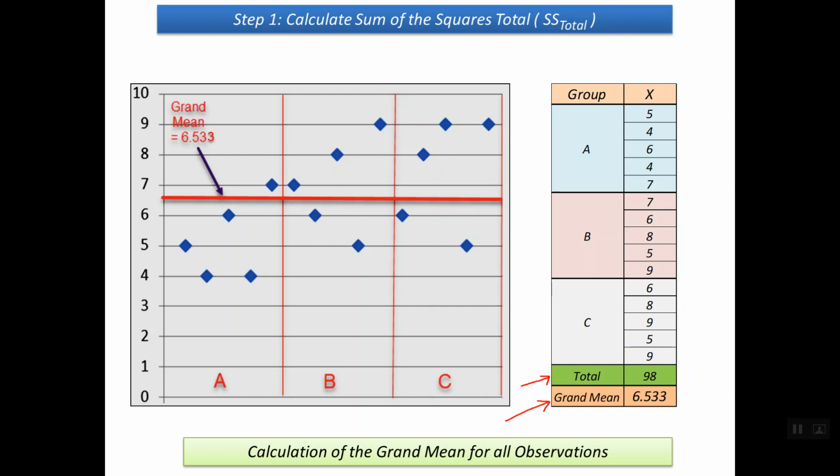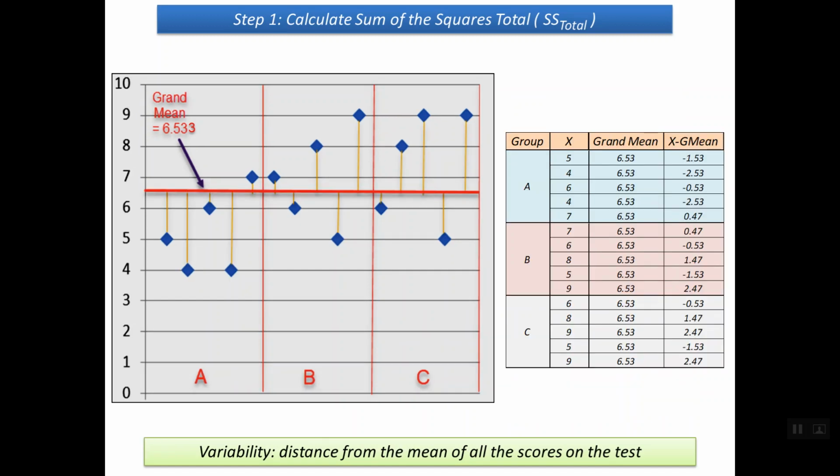Otherwise, it will be less. The first step to calculate the SS total is to determine the deviations between each of these 15 observations and the grand mean.